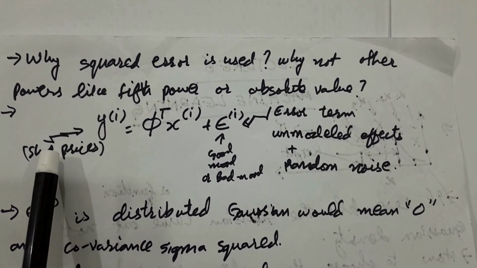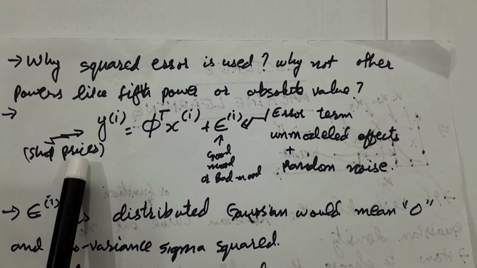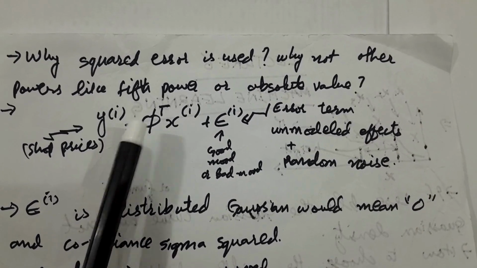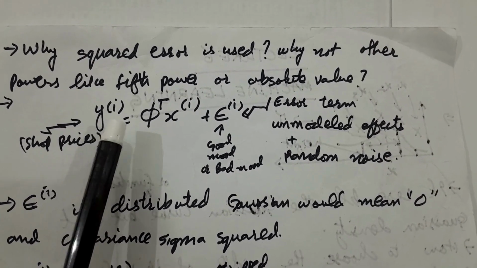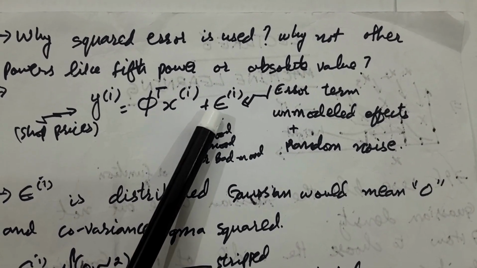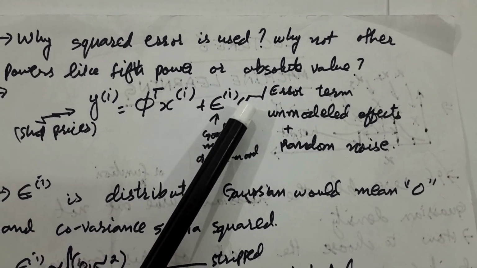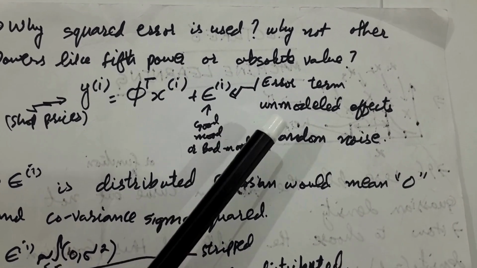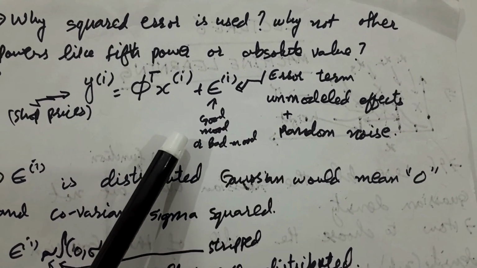So here is a point from the first lecture, the shop price. I am also taking that point here. That is epsilon i, the error term. It is called the unmodeled effect or random noise.